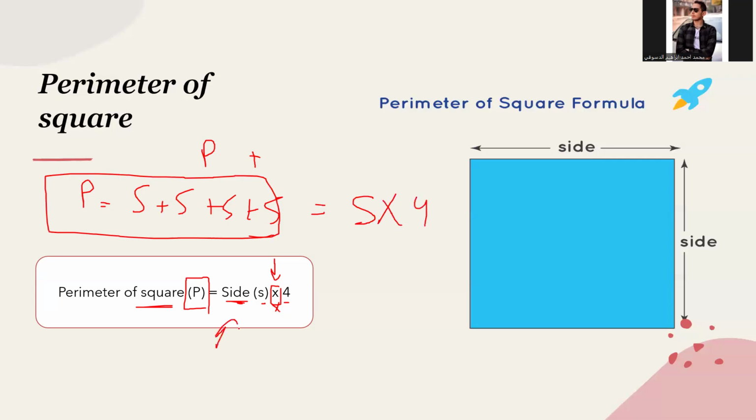So we get the formula of times by adding. It's not a multiplication. Okay, so the perimeter of a square is side times 4, by adding the 4 sides that are equal.